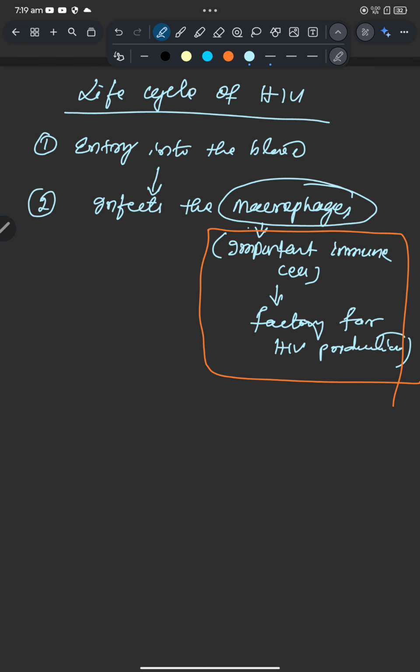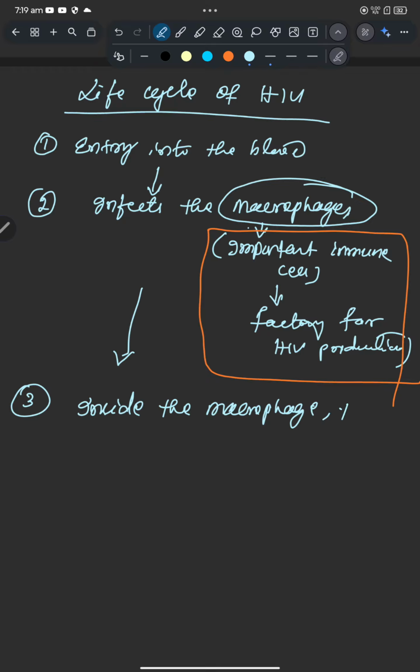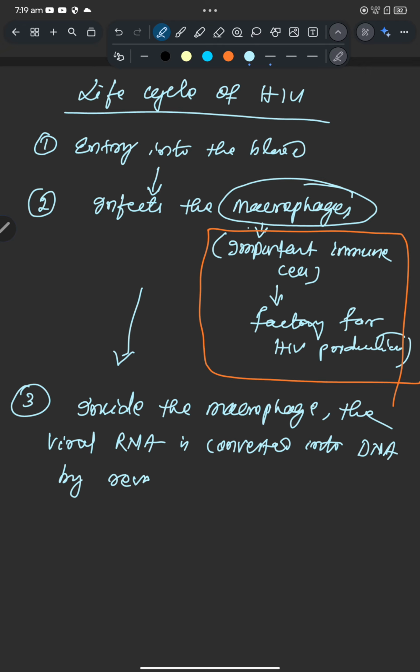Now the next, third step is, after infecting the macrophage, the viral RNA is converted into DNA by the reverse transcriptase enzyme.